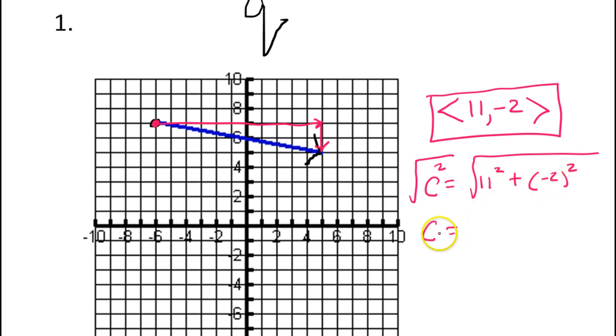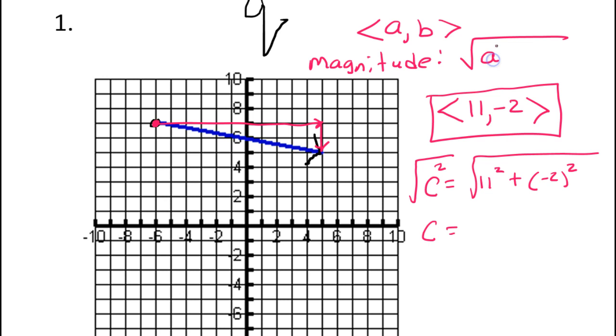So basically, there's no reason why we can't just go straight to this. If you want the magnitude of a vector, say if you have vector AB, the magnitude will simply be the square root of a squared plus b squared.